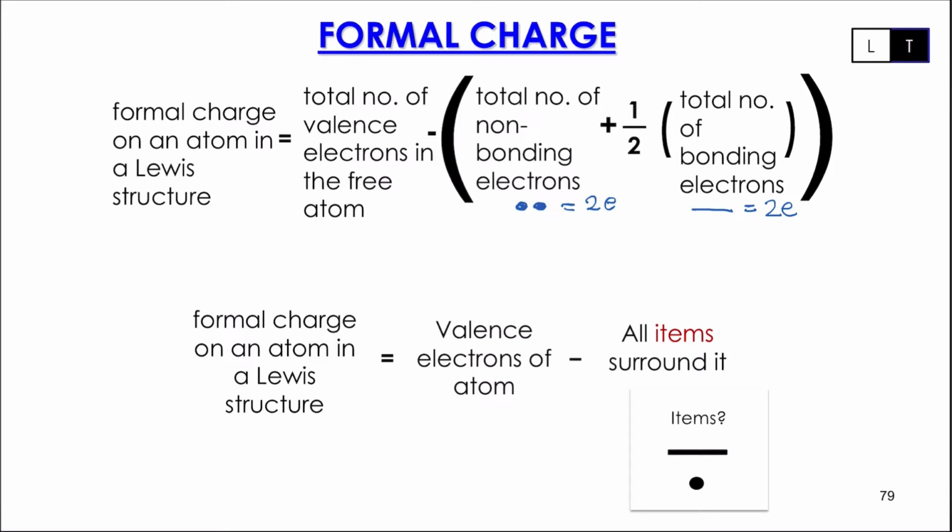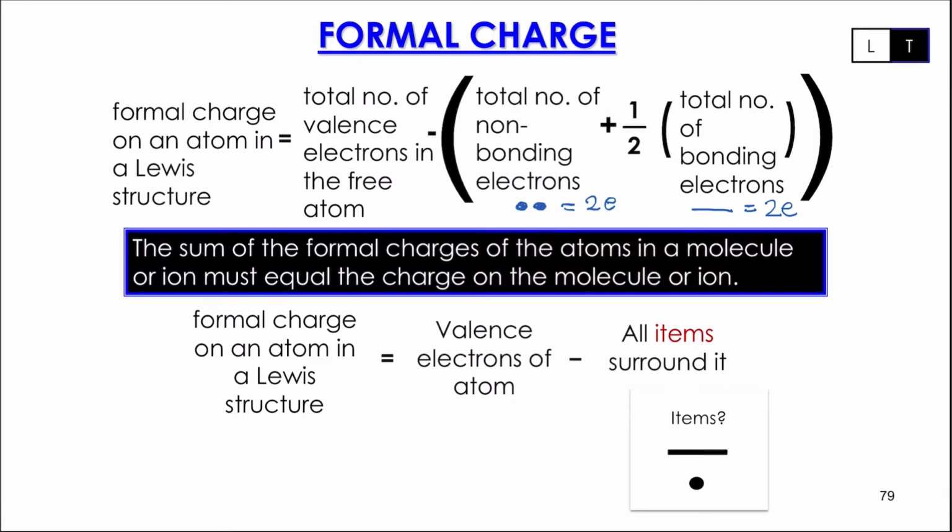And you have to understand the sum of formal charges for the atoms in a molecule or ion must equal to the charge of the molecule or ion. Kalaulah molekul itu adalah neutral, contoh macam CO2, dia adalah neutral. So, semua total charge untuk carbon dan 2 oksigen atom dalam CO2 mesti equals to 0 sebab dia neutral.